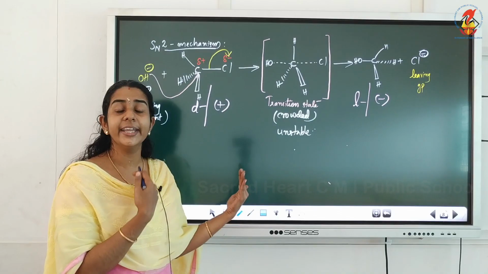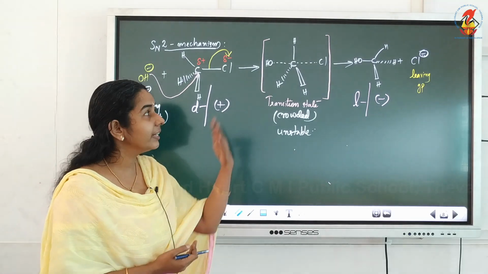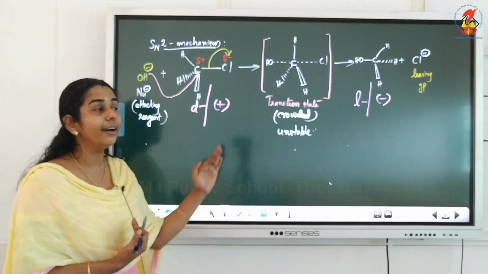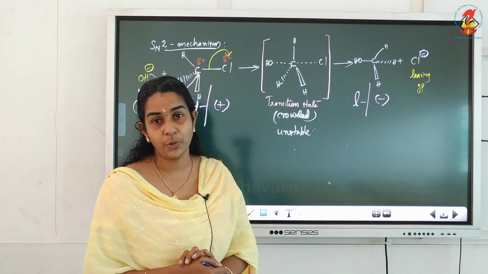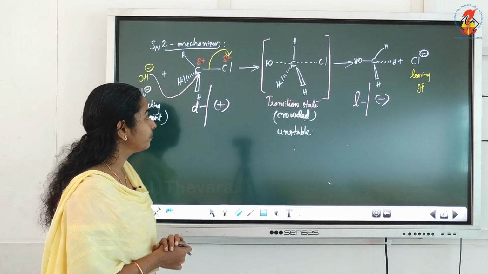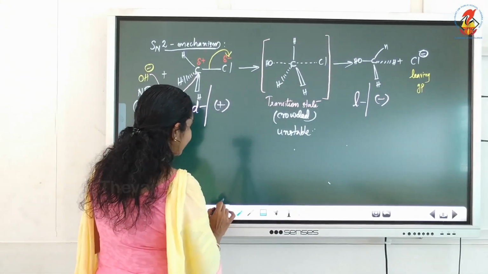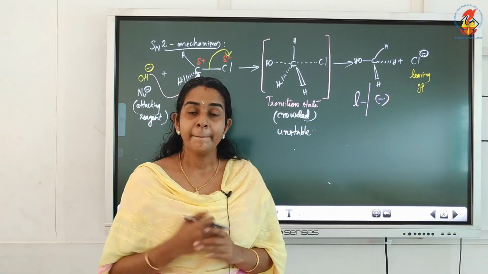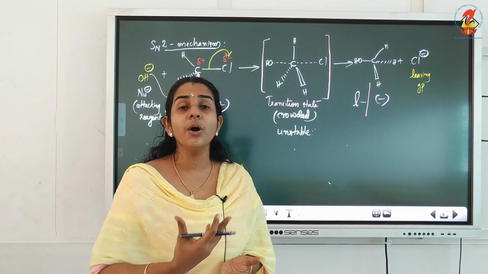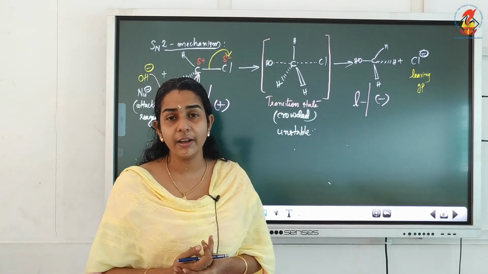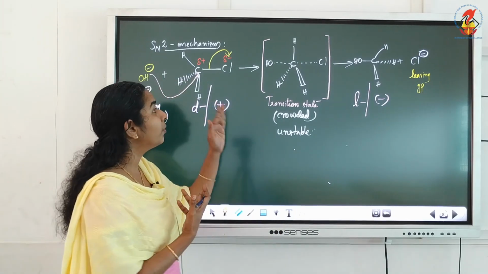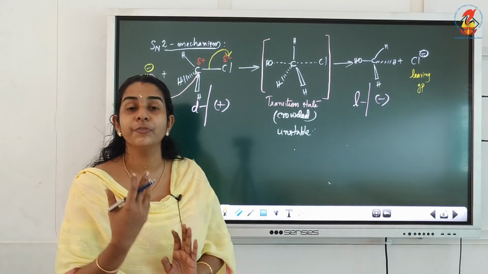So if we take a dextro alkyl halide, the product will be levo, and if we take a levo alkyl halide, the product will be dextro. This is just like when we carry an umbrella, if a strong wind comes, the umbrella gets inverted. The same way, the configuration of the molecule is inverted.